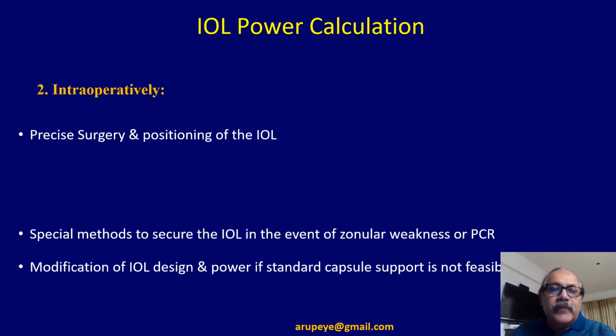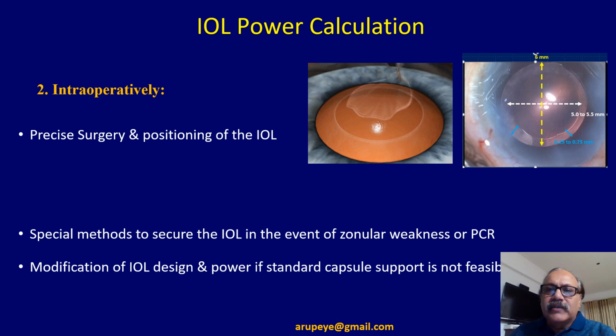The intraoperative period is also very, very important. Most of us now perform a standard cataract surgery, temporal clear corneal approach, 2.2 to 2.8 millimeter incision, and a rhexis which is 5 millimeters in size. The lens is implanted within the capsular bag so that there is a 1 millimeter anterior capsular overlap on the optic.